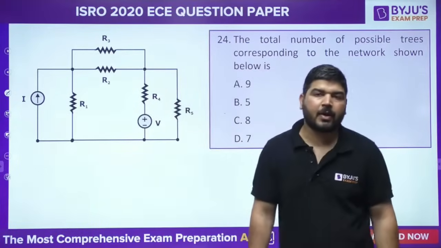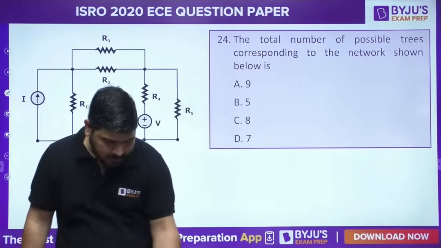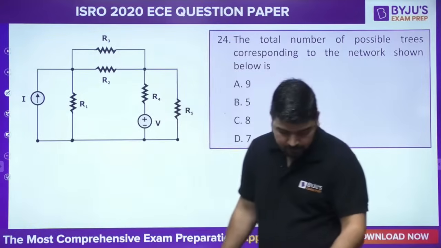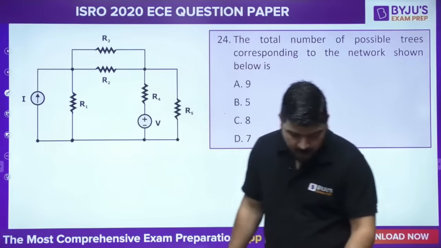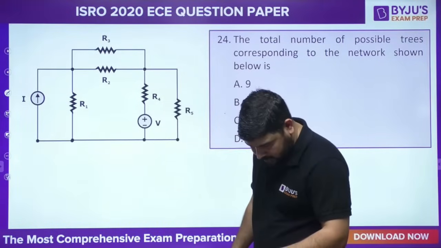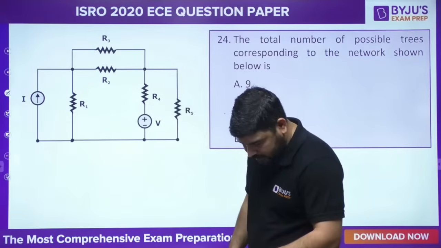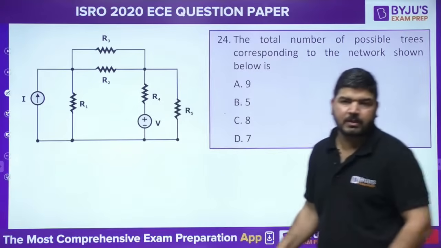I need to find its incidence matrix, and to get the incidence matrix, I need to draw its graph. Once I get the graph, let me check the correction also, if there is any correction in this question. Yes, there is no correction. Okay, guys, so what I need to do is draw its graph first.